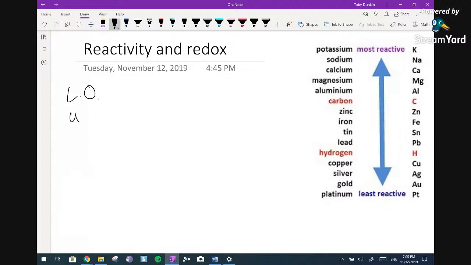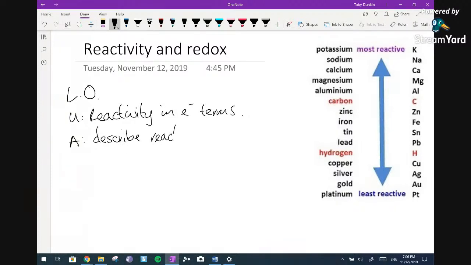So, learning objectives. We need to understand reactivity in terms of electrons, in e- terms. We can then be able to describe reactions with, and I'm going to separate this into three sections.